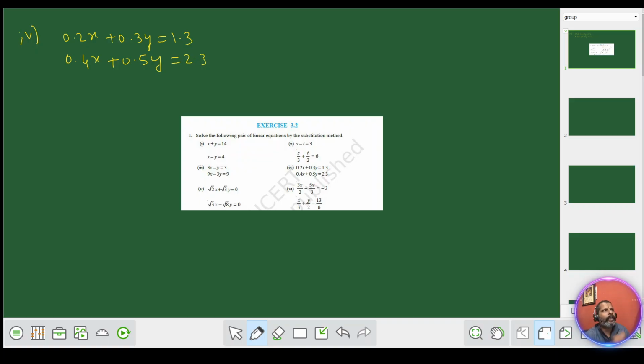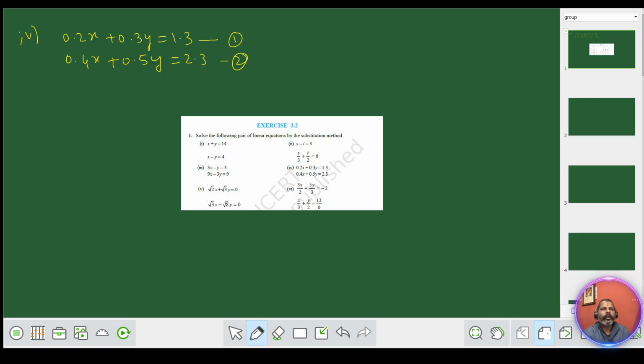I can try avoiding the dot in the beginning itself before the substitution. Otherwise, keep it as it is, no worries, but you have to be careful while substituting the values. Okay, I'll keep it like this only.